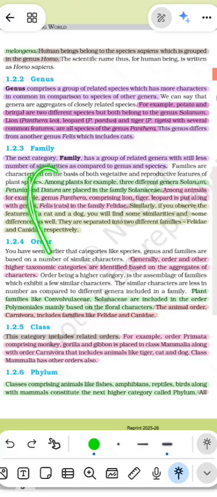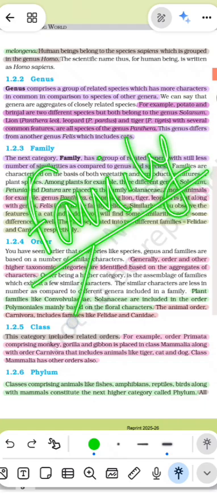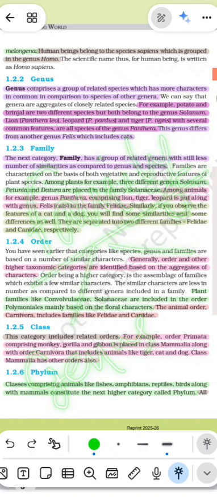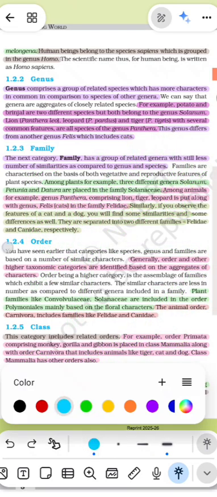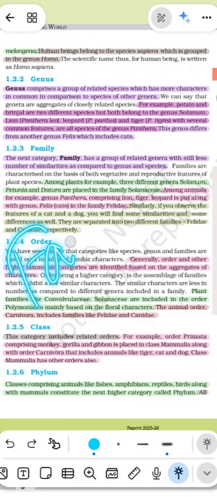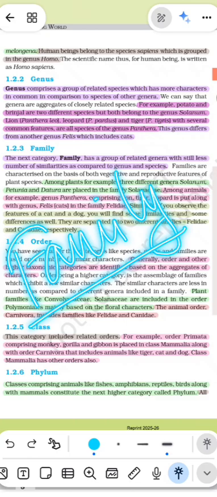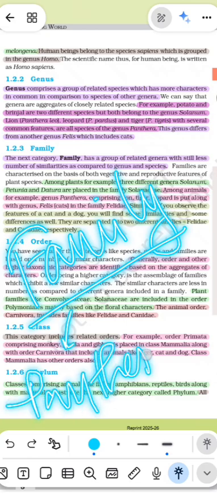So in a family we include two other genera. In the Felidae family, the first genus is Panthera, and the second genus is Felis.